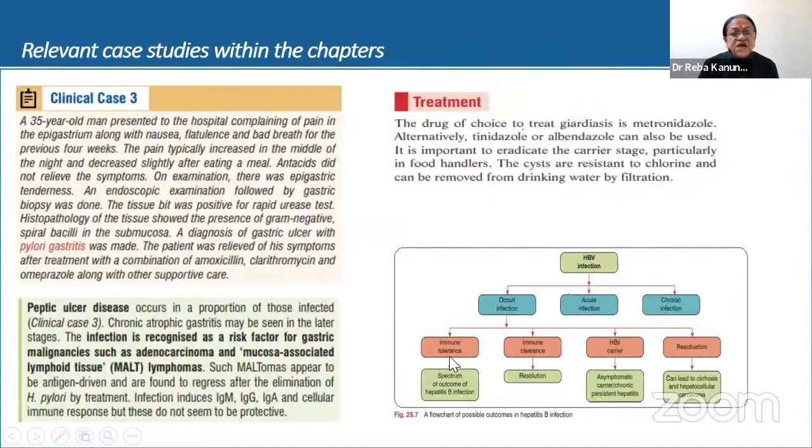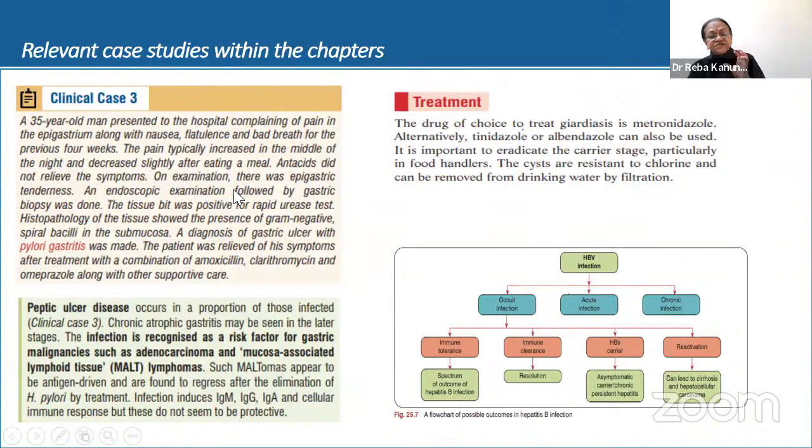Now, the next question was, how relevant are the case studies within the chapter? It's very important to remember that when the student is doing a chapter, they need to incorporate a clinical aspect, since we are all moving towards a clinical approach to infectious diseases, to microbiology. So we have incorporated clinical cases within each chapter.